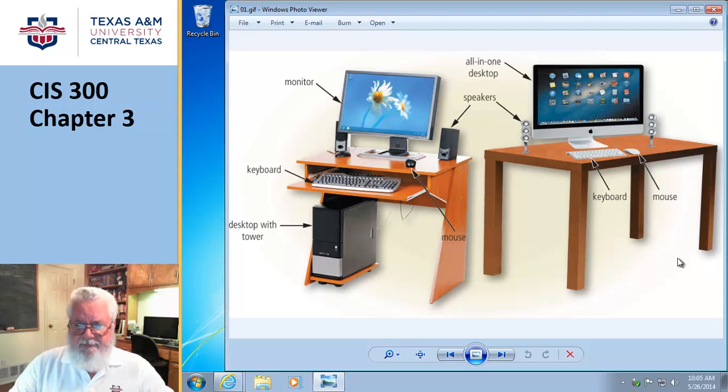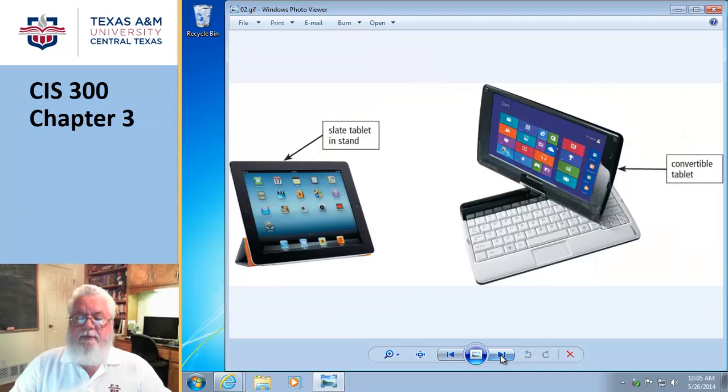So they talk about the difference between a tablet. And tablets are the ones that typically either don't have a keyboard, or the keyboard is detachable, or the keyboard folds away somehow, where its primary means of input is through touch or pen. A touch-based tablet or a pen-based tablet is what they're talking about here.